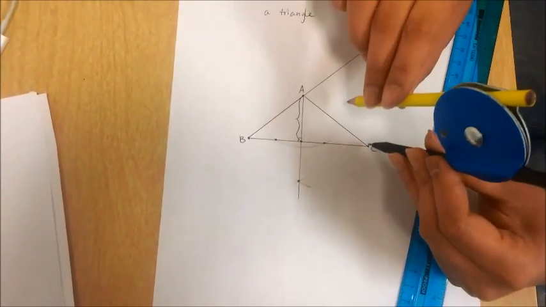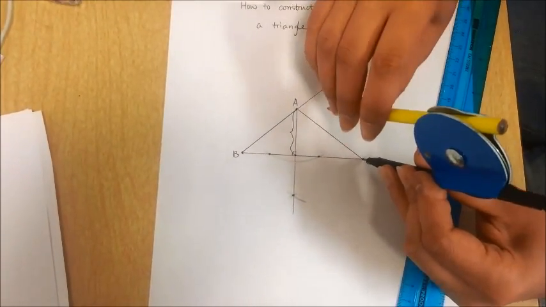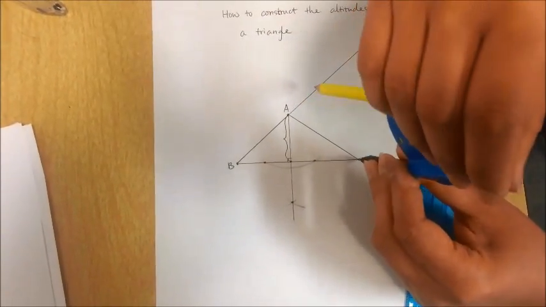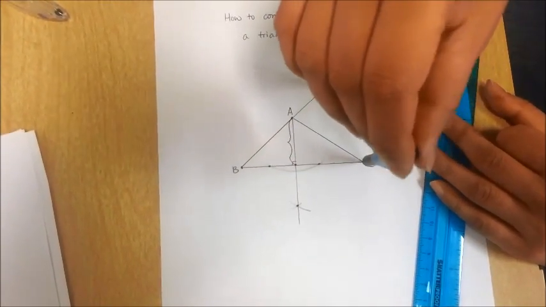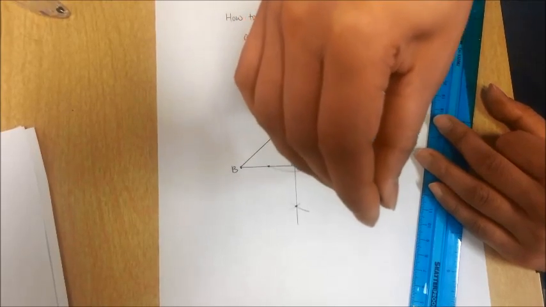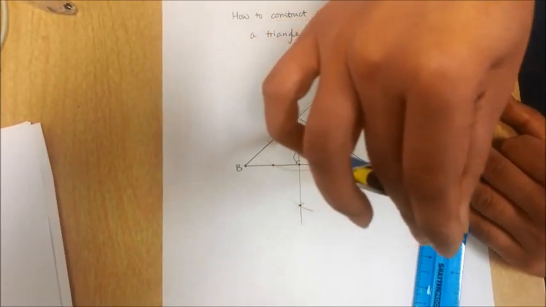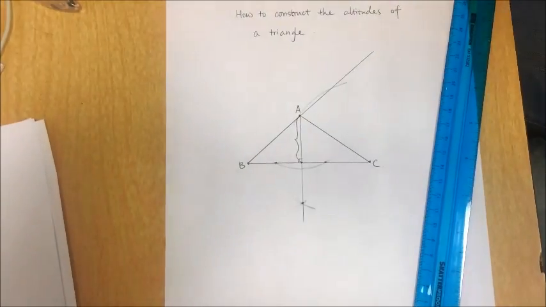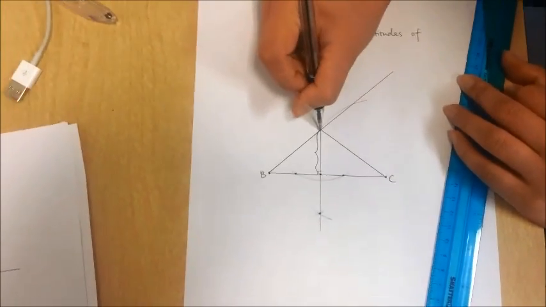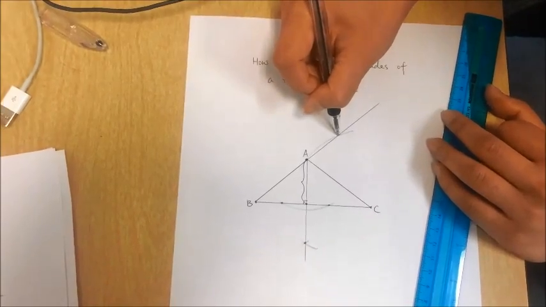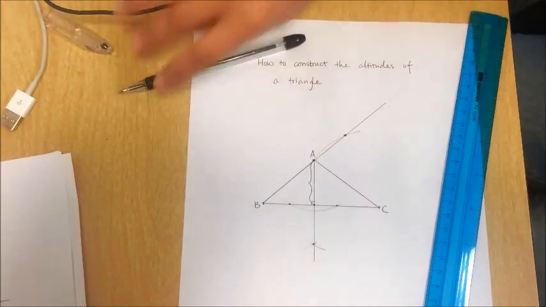So use C as the center, because it's the altitude that is going to pass through it, and then pick a random radius that can give you two intersecting points on the extended AB. Here my intersecting point is exactly A. You can either do that or pick some other points.